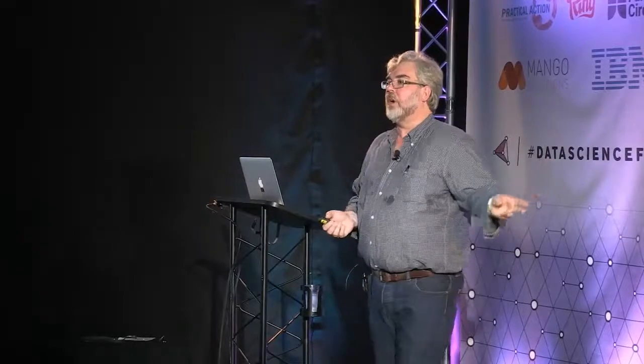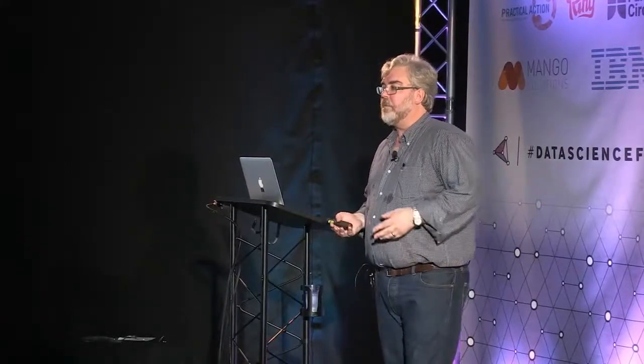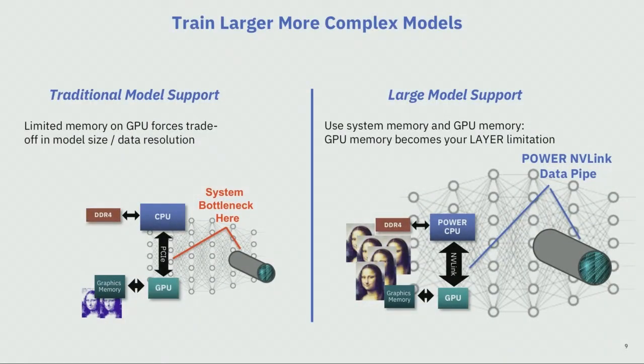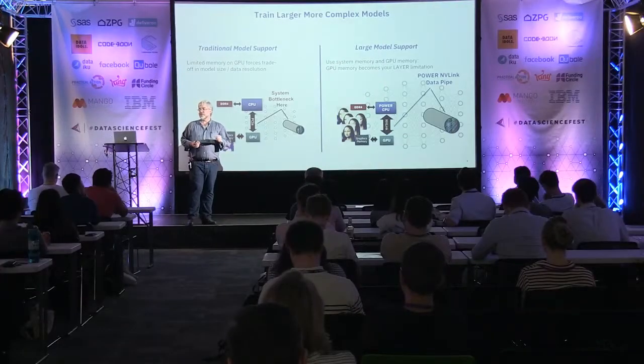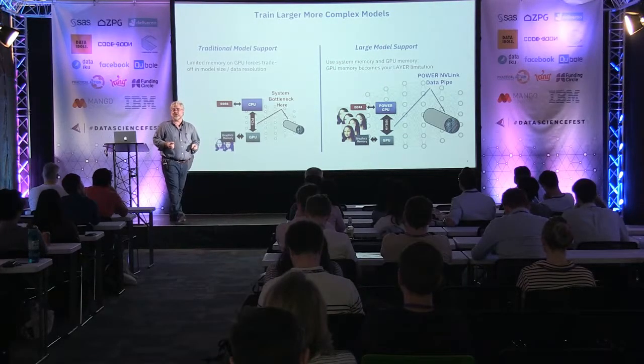And we can cache those layers in and out of system memory and perform the reconciliation there. So the effect is that all of a sudden you can, not quite exponentially, but getting awfully close to it, increase the size of your models.